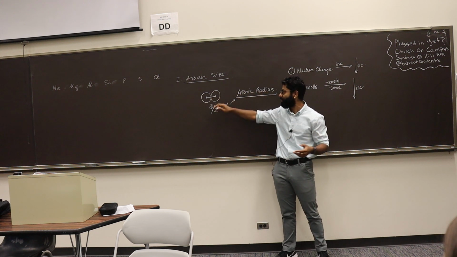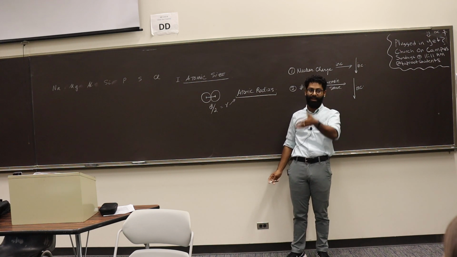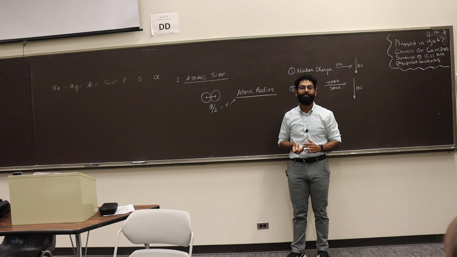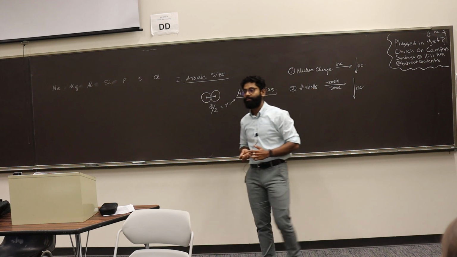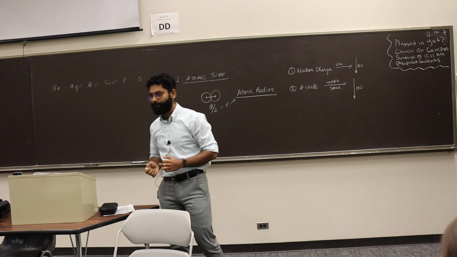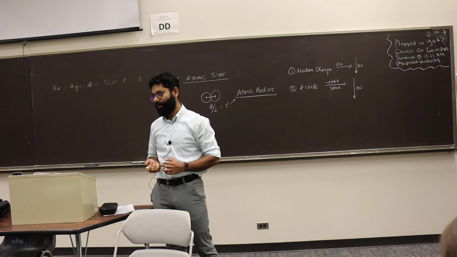So how will you measure the atomic radius? By this. And what happens to the atomic radius when you move from left to right in a period? Increases. Okay, why does it increase?